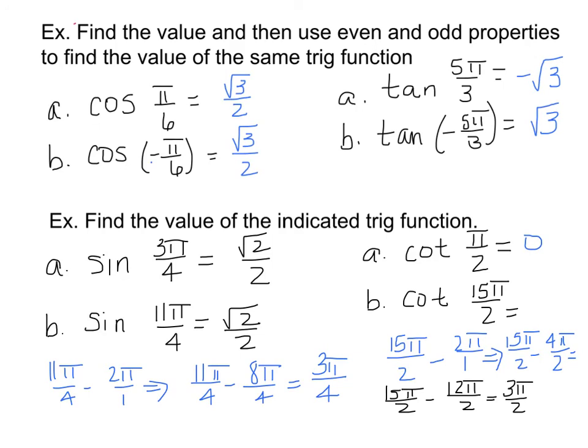So that means you would have to subtract one more time, and you're going to have to subtract pi this time because it's closer. And that'll give you pi over 2, which is the same thing we got in part A. So since we have that, the answer is 0.